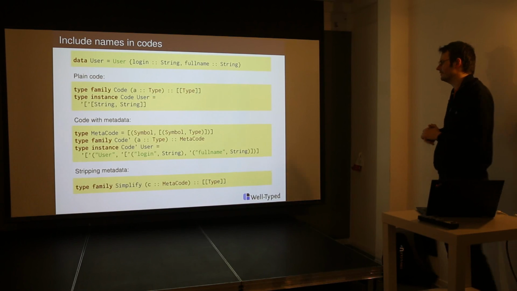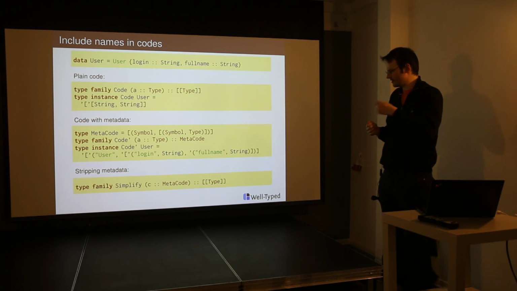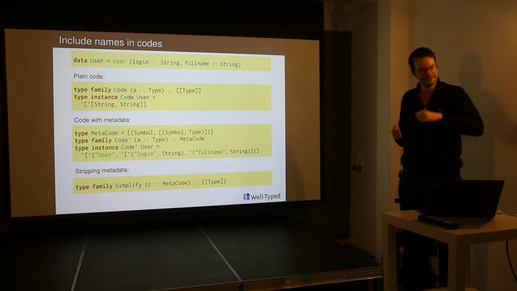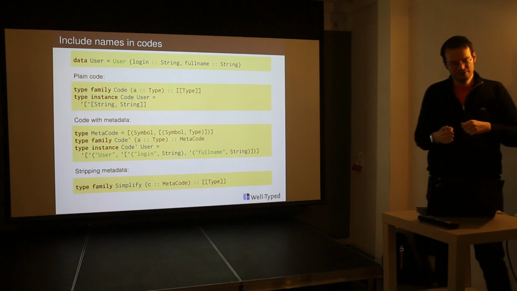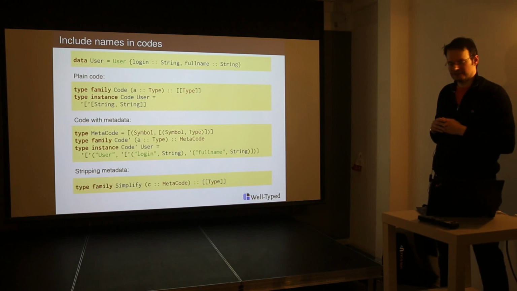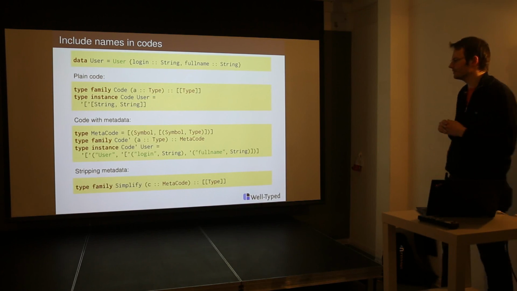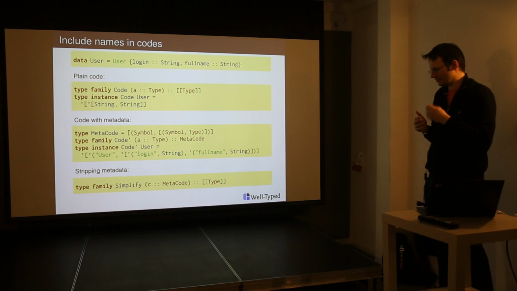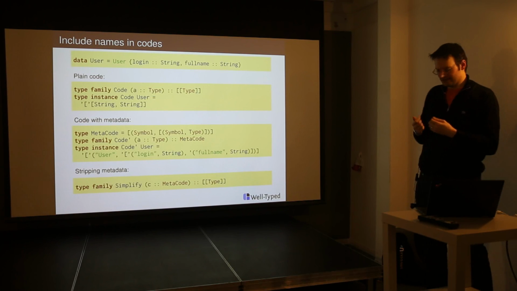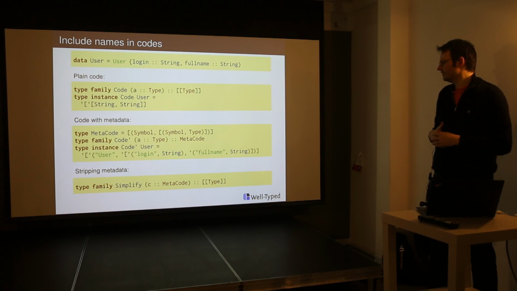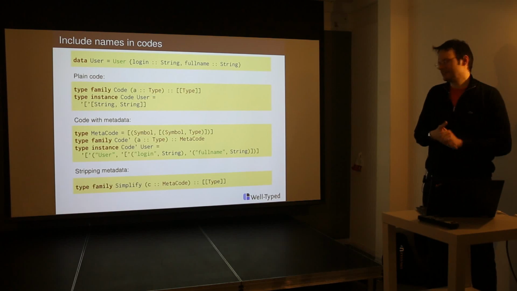And then it's very straightforward, again, by just iterating over the list to drop these names again if you don't need them, right? So to define a type level function simplify that takes a metadata enriched code and removes all the metadata and just keeps the matrix.